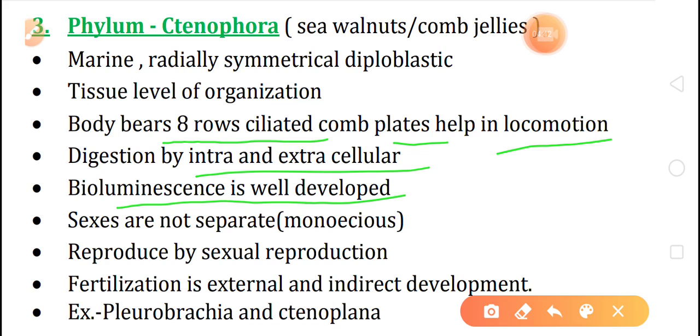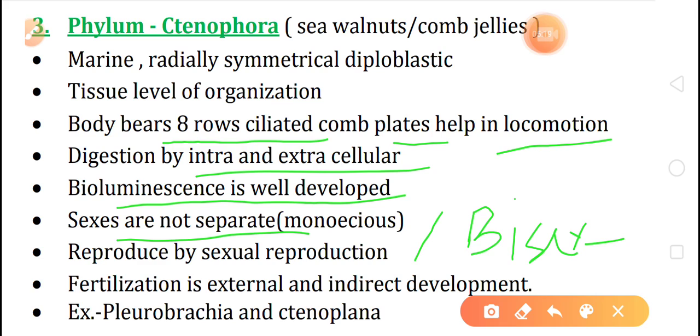In Ctenophora, sexes are not separate, meaning both male and female sex organs are present in the same individual. So that's why we can say that it is monoecious or bisexual.